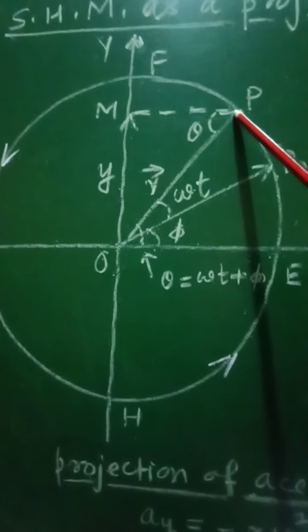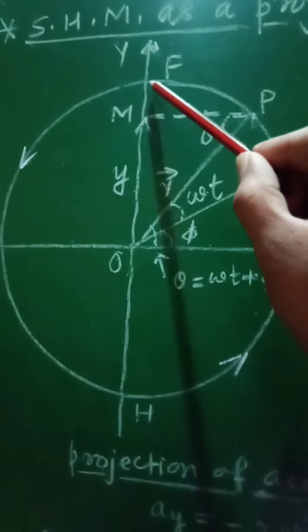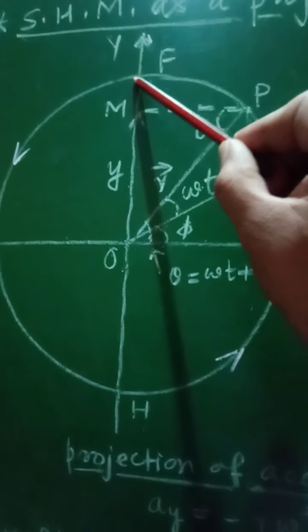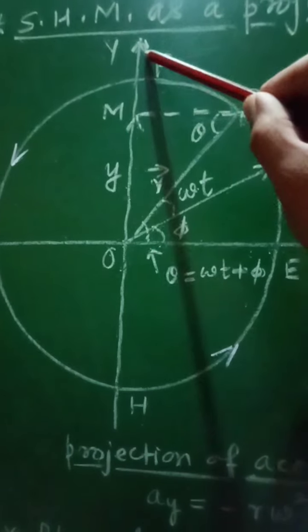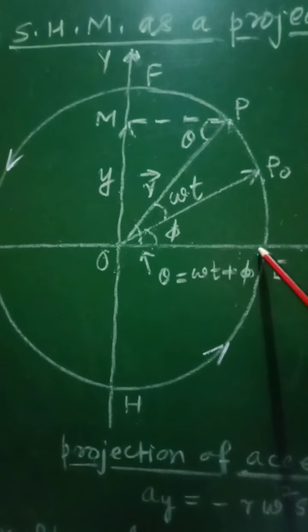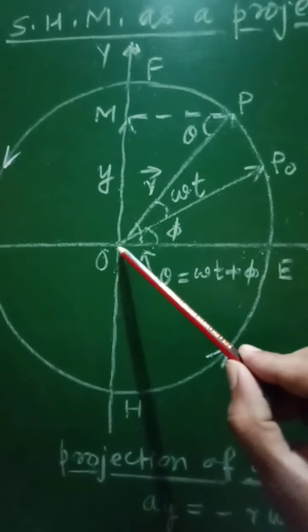When it moves to P, its projection is along y-axis. When it will move to F, its projection will be along y-axis.